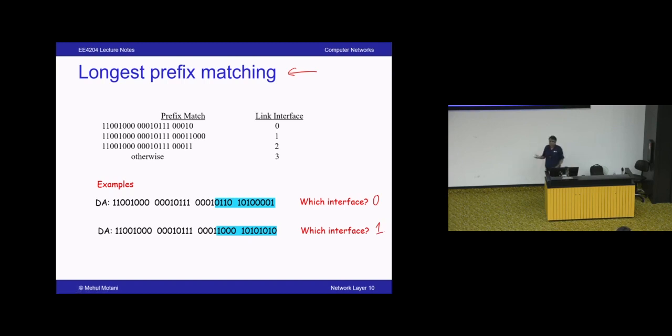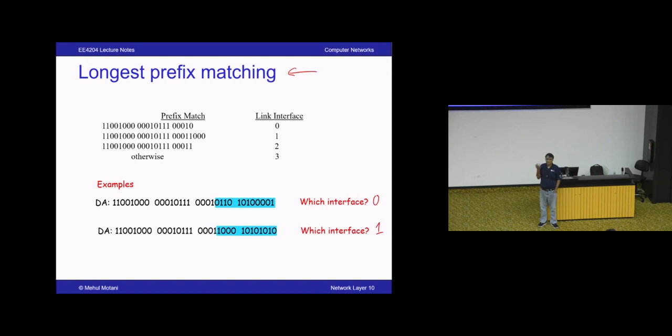Okay, so I hope you have an idea now how this idea of hierarchical addresses helps us do forwarding in a scalable manner. Otherwise, you'd have to have a bunch of IP addresses, and you'd have to search for it.